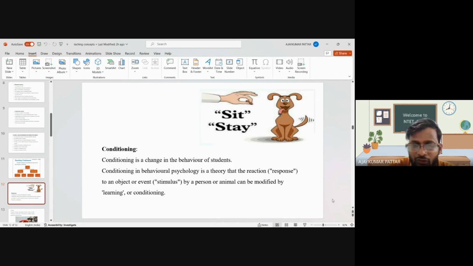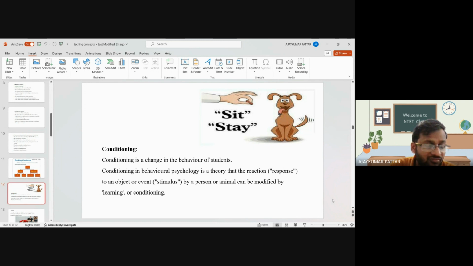For example, कुछ बुरा हो गया, किसी का डेथ हो गया, so how will behavior change in that environment? Our parents teach us how to behave in that type of condition. That is conditioning. That is also teaching, but we are not calling it teaching, that is conditioning. Understood?